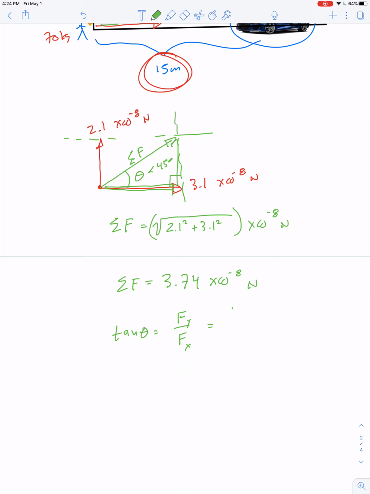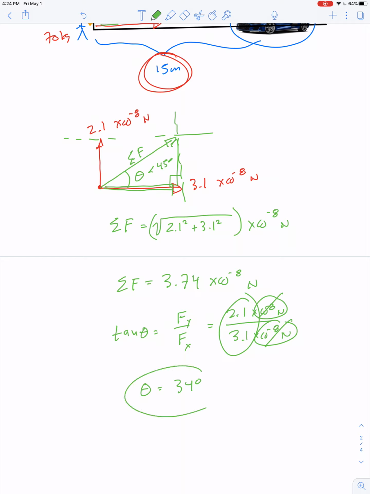So this would be 2.1 times 10 to the negative 8th newtons divided by 3.1 times 10 to the negative 8th newtons. But of course the 10 to the negative 8th newtons cancels out, so we can just take the inverse tangent of 2.1 divided by 3.1 and find that the angle is about 34 degrees.